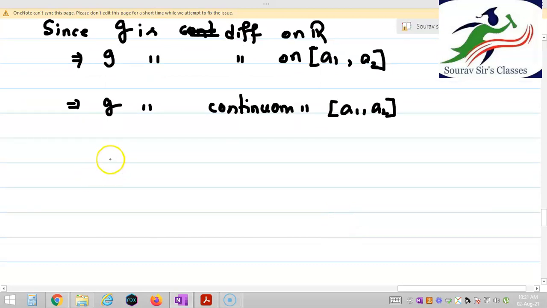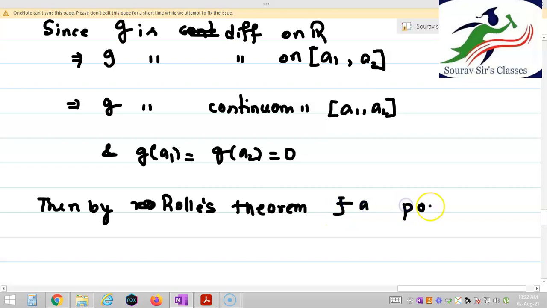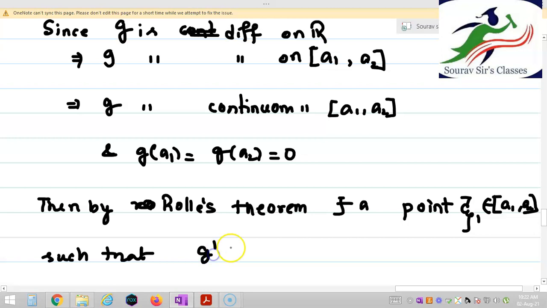And g of a1 is equal to g of a2 is equal to 0. Then by Rolle's theorem, there exists a point xi1 belongs to (a1, a2) such that g dash of xi1 is equal to 0, right?